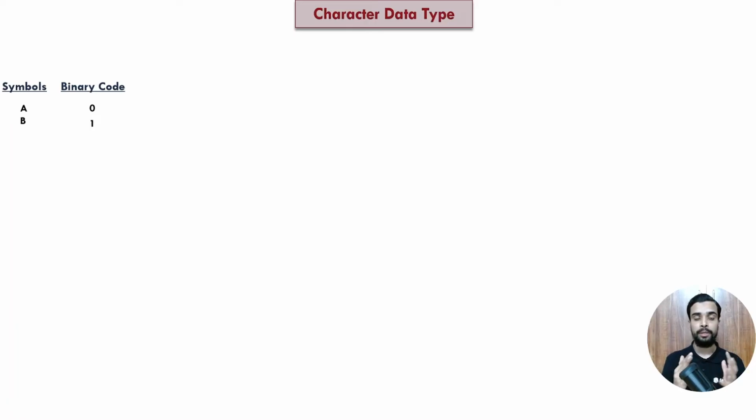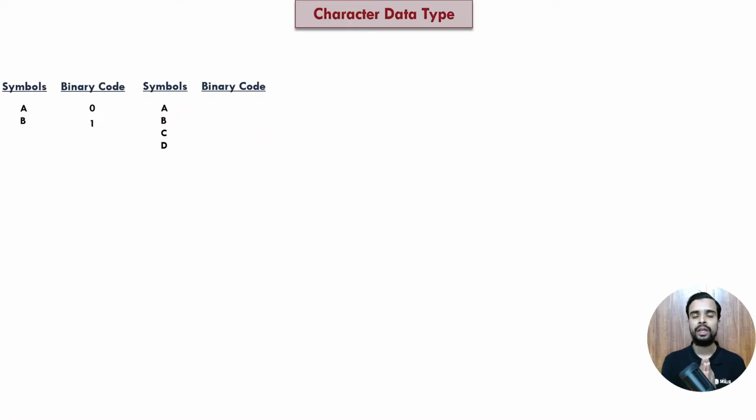Next what, sir? Maybe in the second case study, I have decided to slightly enhance the complexity here and increase the number of symbols in the character set. Maybe this time we would assume in the entire world, there were not only two symbols, maybe there were 4 characters. And once again, the job remains the same. Our job is to assign a unique binary code to each of these 4 symbols.